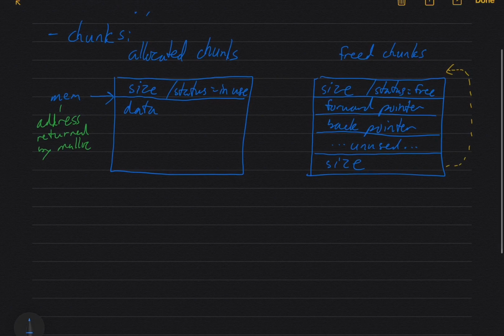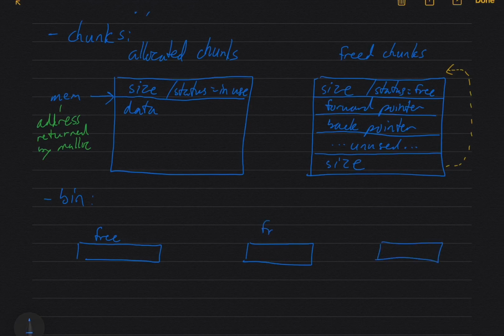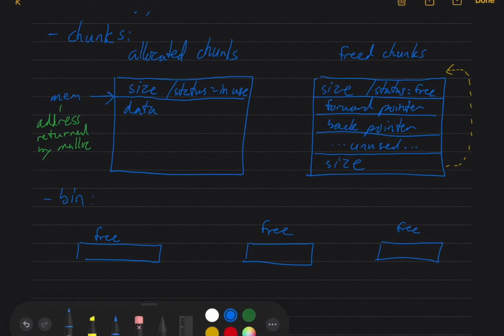So here's an example of a bin. We have a free chunk here, and then I'm going to spread them out a bit. These can be all different sizes. So free, free, and in between them you can have allocated chunks.